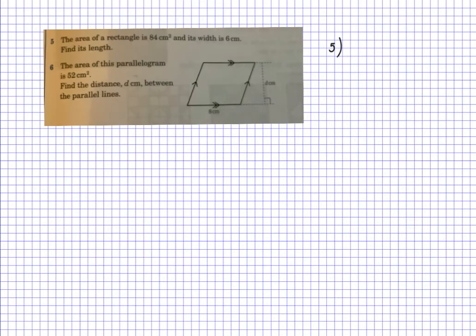Okay, question 5. Again, you need to write down the formula. So the area of a rectangle. So the formula for area of a rectangle is length times breadth. So we're told the area is 84 centimetres squared. And we're told the width is 6. That's the same as the breadth. So length times 6. We need to find the length. So you're just asking yourself, 6 multiplied by what number gives 84?